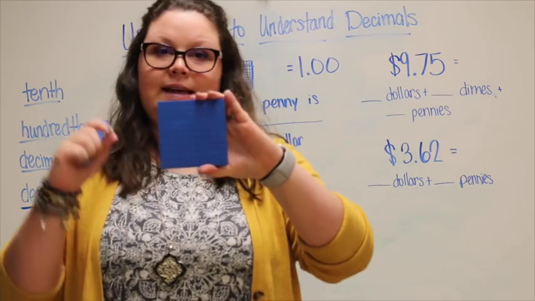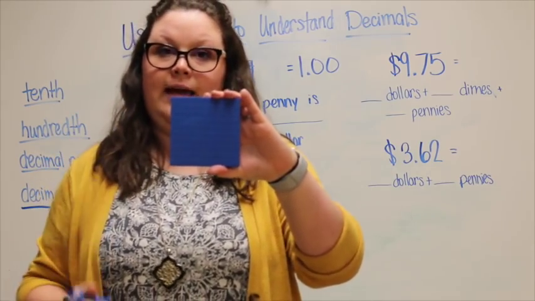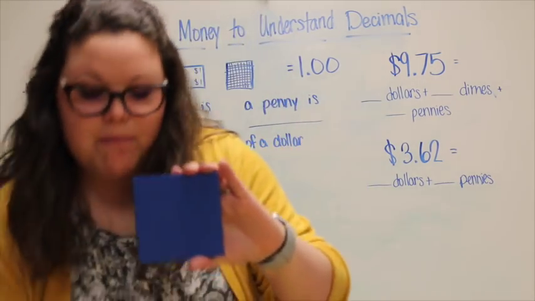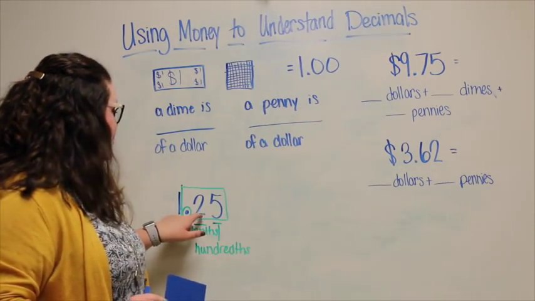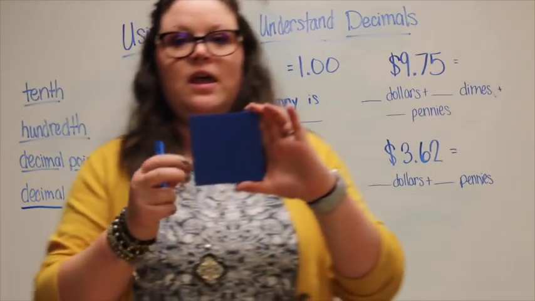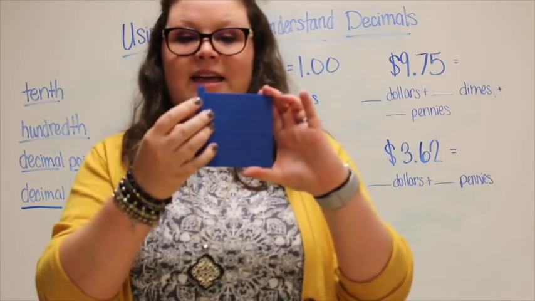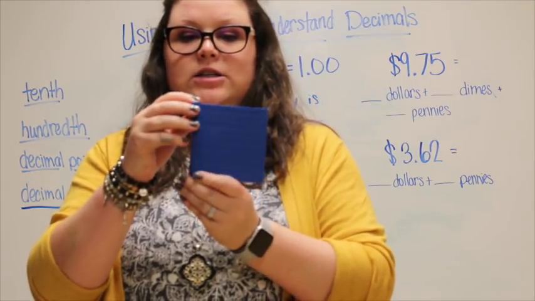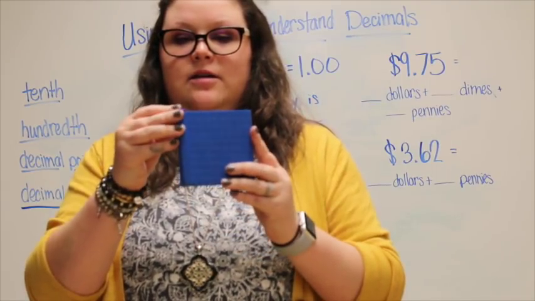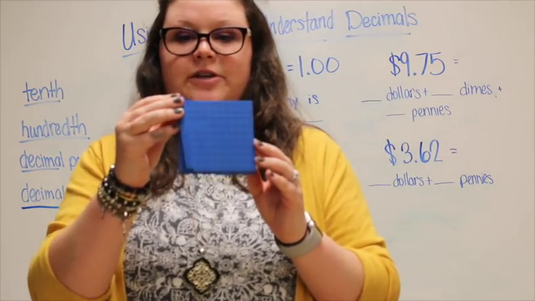This is 1. It's like I zoomed in on a 1. So my tenths place right here is 1/10 of my whole. So I put a tenth. I'm not sure if you can see that.